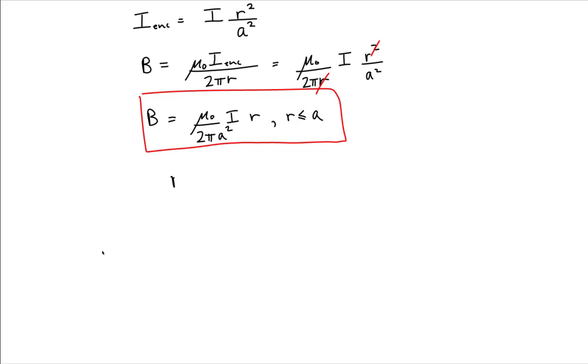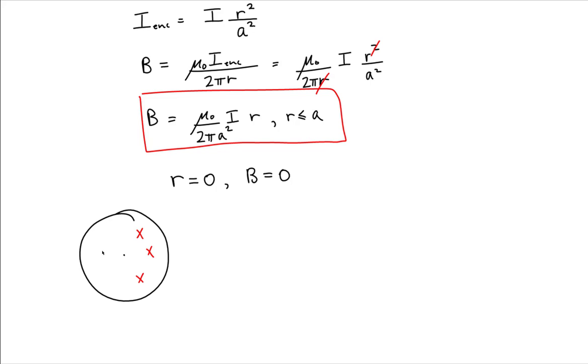Notice that this says that when r is equal to 0, the magnetic field is equal to 0. Well, does that make sense? Absolutely, because remember, Ampere's law says that the line integral of the magnetic field is equal to the product of the permeability of free space and the current enclosed by an Amperian loop.